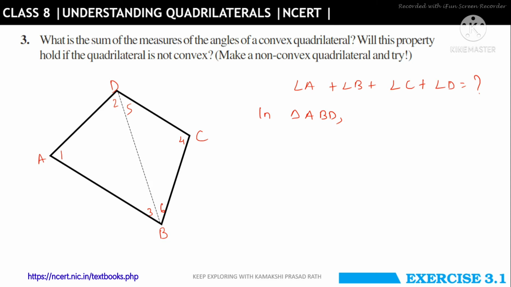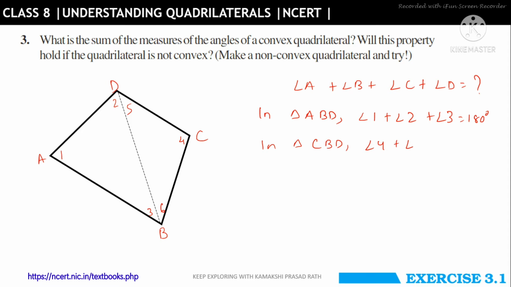In triangle ABD, you can see angle 1 plus angle 2 plus angle 3 is equal to 180 degrees. By the angle sum property of a triangle, we know the sum of the angles of a triangle is always 180. And in triangle CBD, what do we have?